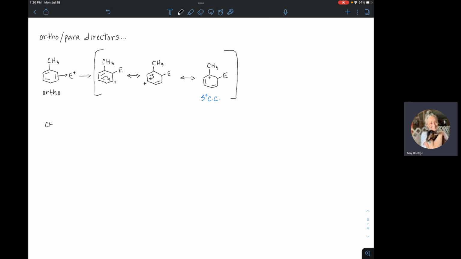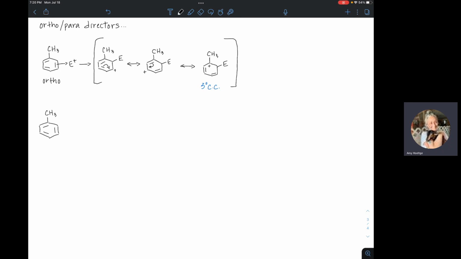What if I directed to the para position? When we do chemistry on an aromatic ring that has an electron releasing group, we notice that primarily the majority of the product mixture is ortho-para. So we draw a mechanism to try and rationalize it.